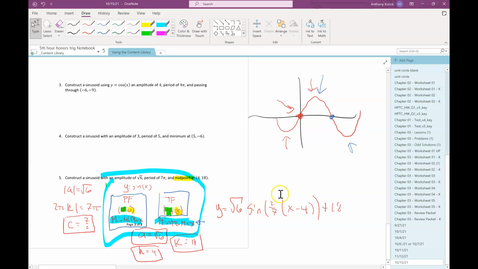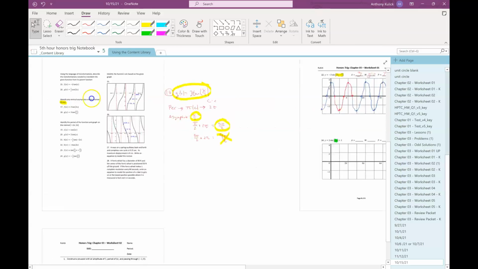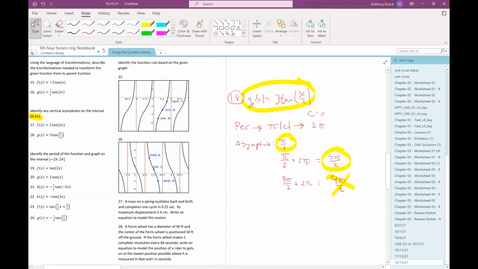Mackenzie, you said 17. All right, let's look at that. Here, we know our period is going to be pi times c. The c in this case is a half, so that's pi over 2.